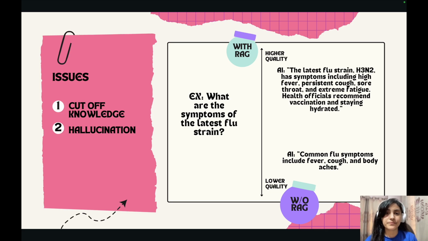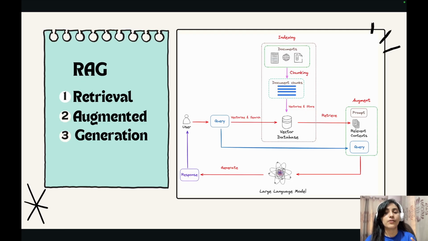So let's see the workflow of RAG. The full form of RAG is Retrieval Augmented Generation. So we see how these three words come along. First, as a user, you send your query to the model. The query is being sent to a knowledge base.